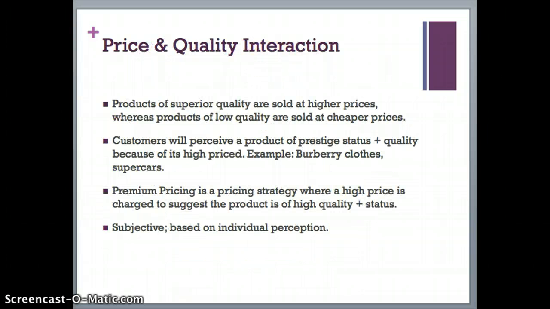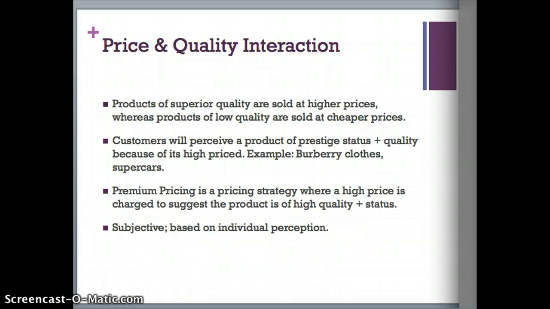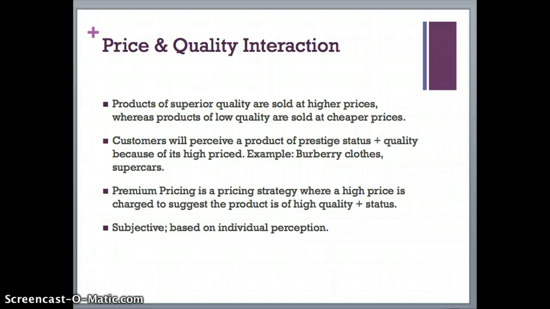Lastly, price and quality interaction. So products of superior quality are sold at higher prices, whereas products of low quality are sold at cheaper prices. Customers will perceive a product of prestige status and quality because of its high price. For example, high-end fashion brands like Burberry or supercars made by Lamborghini or Ferrari, they have a certain element of prestige because of their high prices.